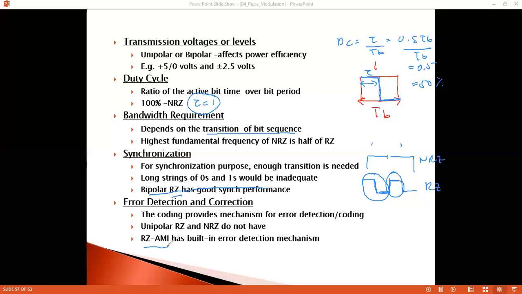Here AMI refers to alternate mark inversion. So in communication, 1 and 0 are also known as mark and space. Bit 1 is called mark, bit 0 space. So they are other names for them.